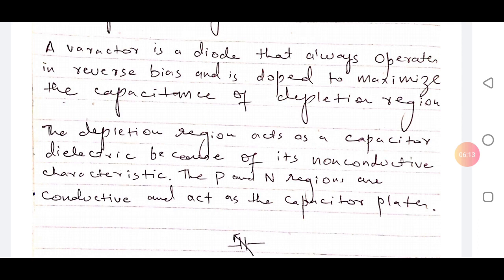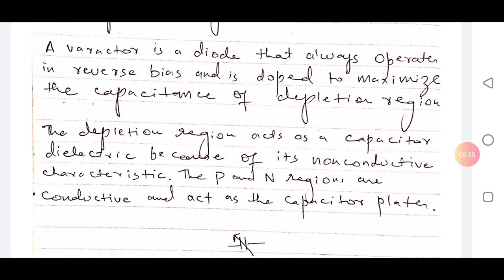That's why it is called the depletion region. So it has a capacitive property, and its capacitance must be maximized so that a varactor diode will be able to operate in reverse bias. Otherwise, it will not be able to operate in reverse bias.